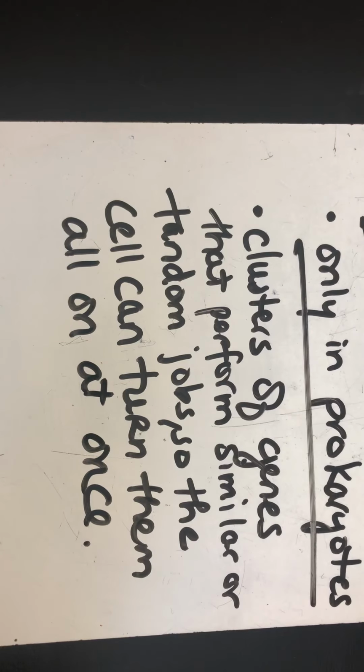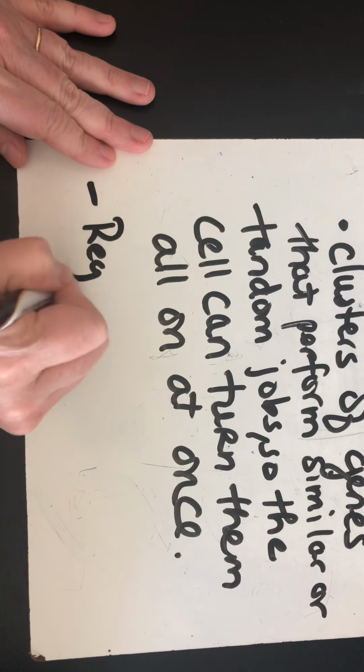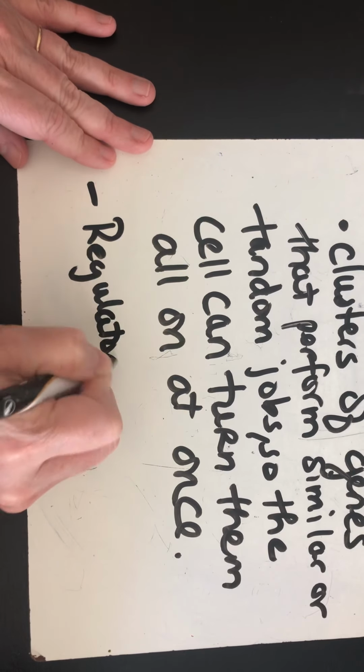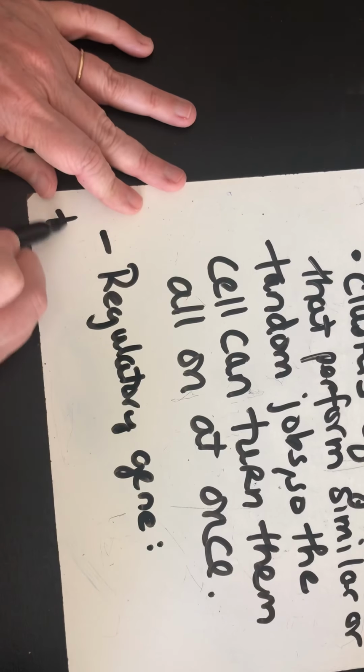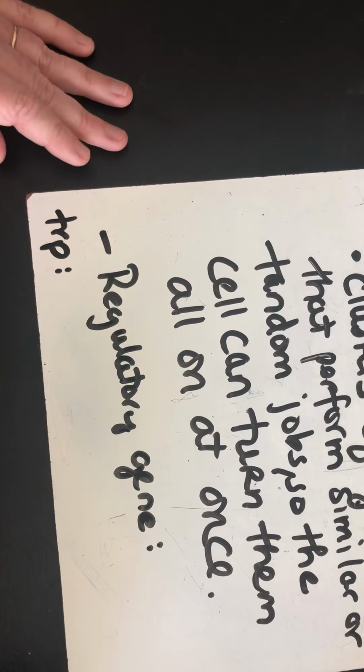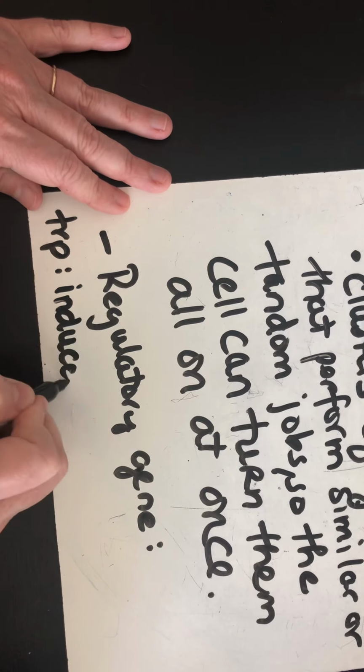In a eukaryotic cell, all of those genes would be turned on and off separately, and so therefore you would not have clusters of genes. They also have a regulatory gene, okay, and in the trp operon, the regulatory gene makes an inducer protein.